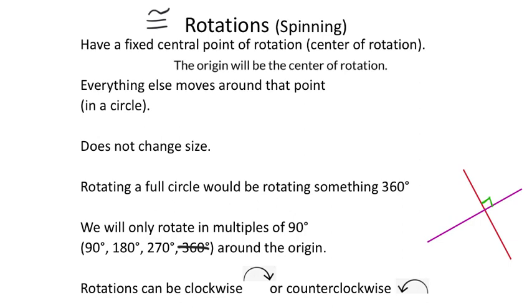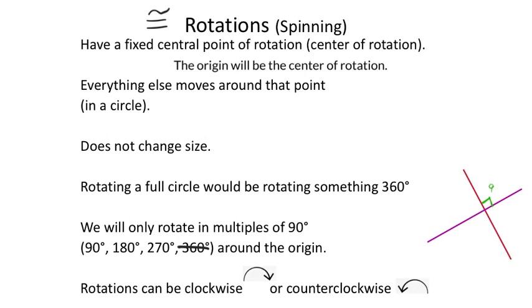I guess it's like a T, like this. But it makes a 90-degree angle right here. Now, since we're only rotating in multiples of 90, like we see here, 90, 180, and 270, we don't actually need to measure this, which is why we're saying we don't need a protractor. Now, that would be 90 degrees right there.